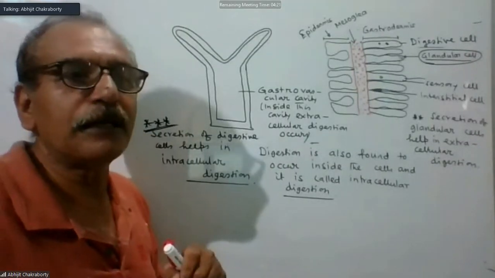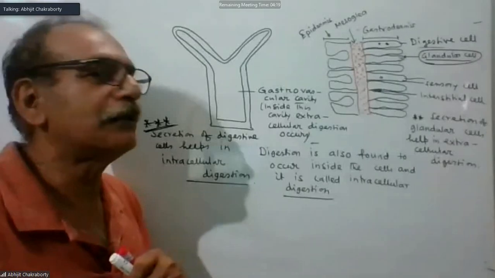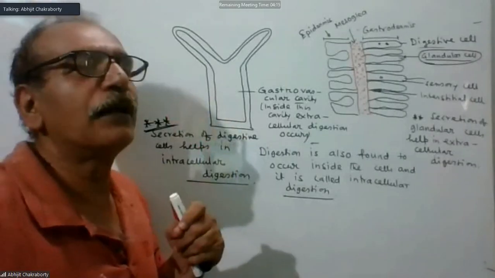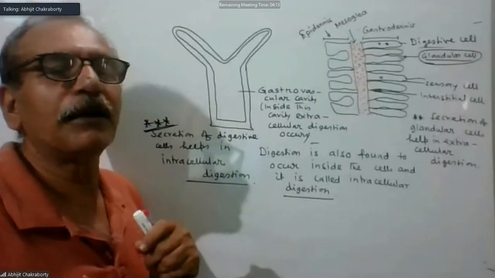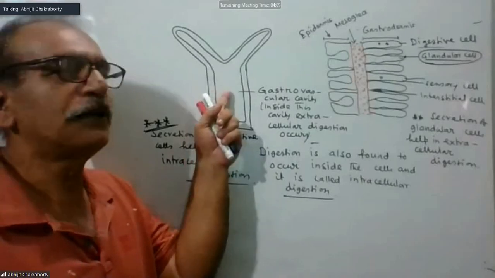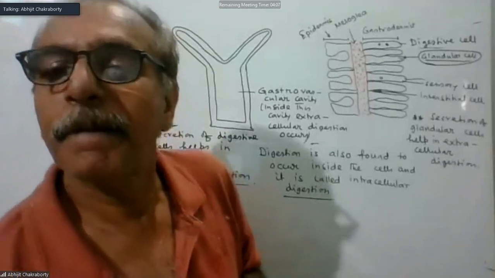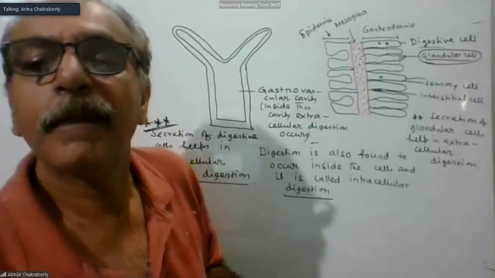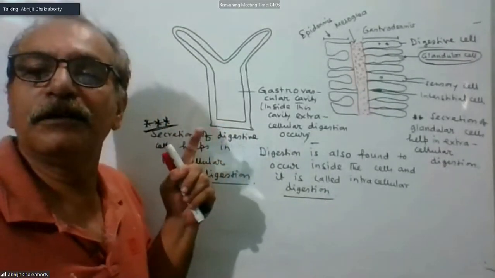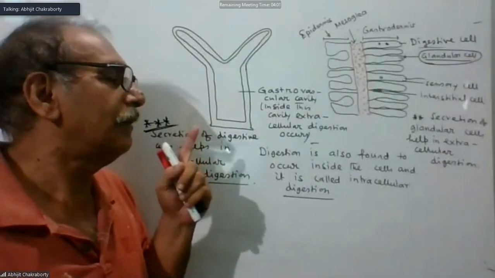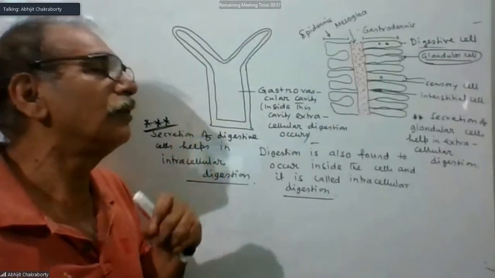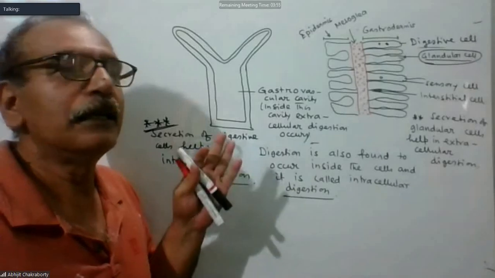Some intracellular digestion also occurs in human beings in some cells, but mainly ours is extracellular, because it occurs not in a cell but inside the cavity. Clear? That's why it is called extracellular.